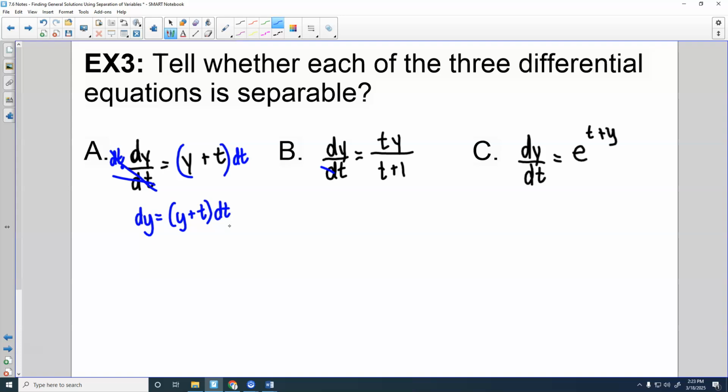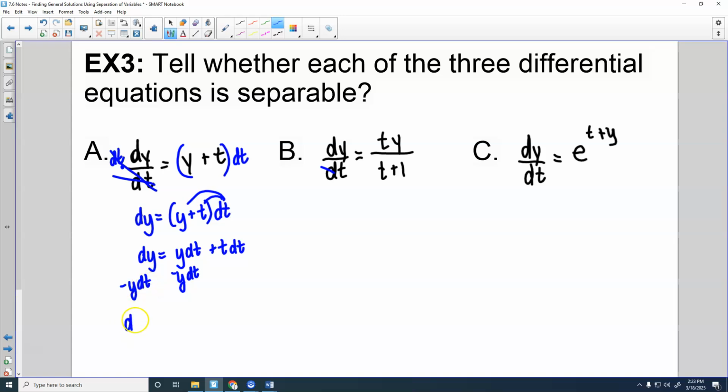It feels like you should be able to subtract y. But before you would subtract y, the dt would have to be distributed. So you'd have dy equals y dt plus t dt. So then if you try to subtract y, that dt would have to go with it.